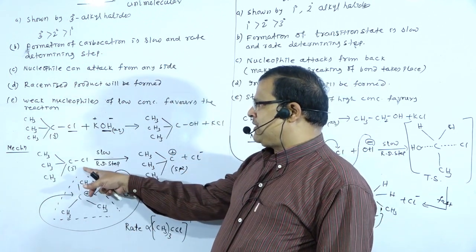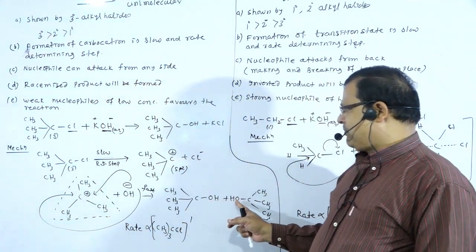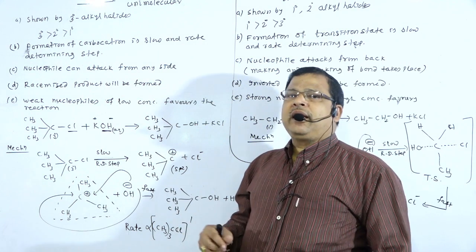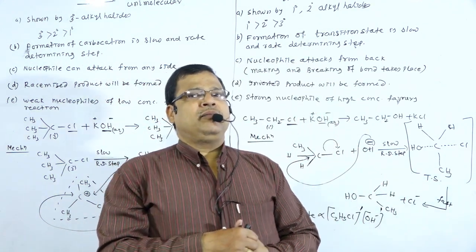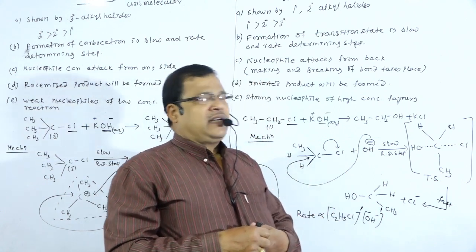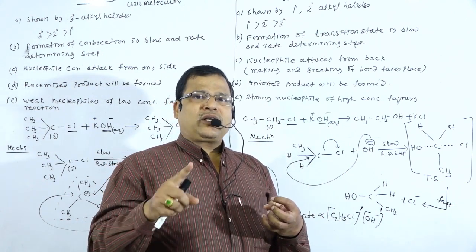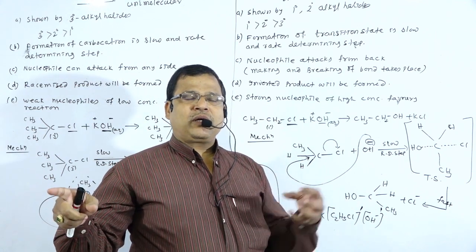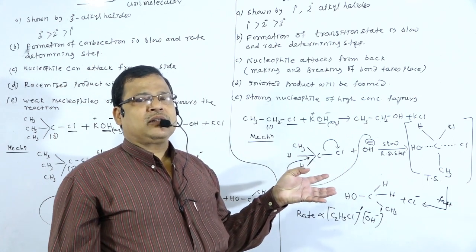Cl is removed from this position, and the OH group is attached either from that side or from the back. But in the SN2 mechanism, through the transition state, there is backward attack of the nucleophile, so the chlorine atom is removed from the front, but OH minus is attached from the back. Therefore, it is an inverted product.